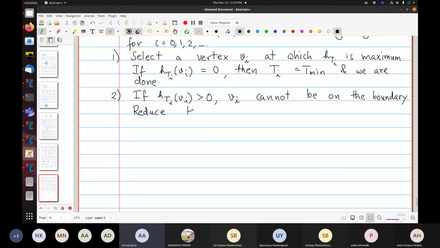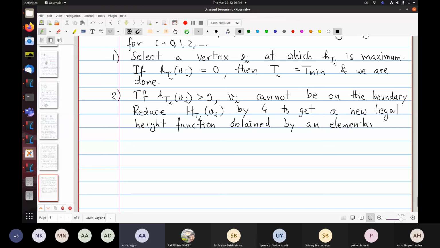Reduce the actual height function H Ti of Vi by 1 to get a new legal height function, obtained by an elementary move on Ti.